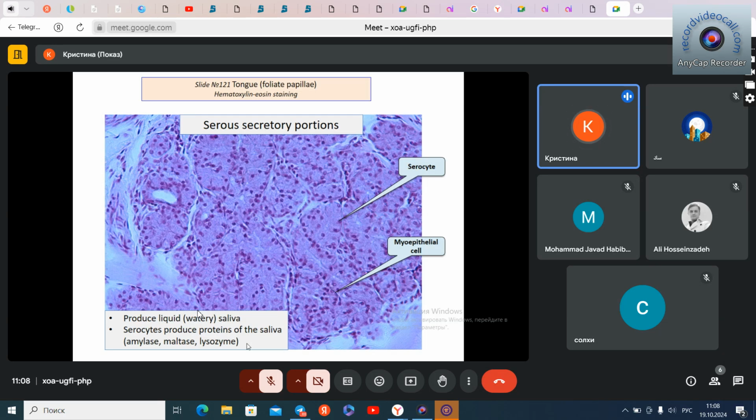So if we have 5 or lower pH level, then our teeth will be slowly broken.